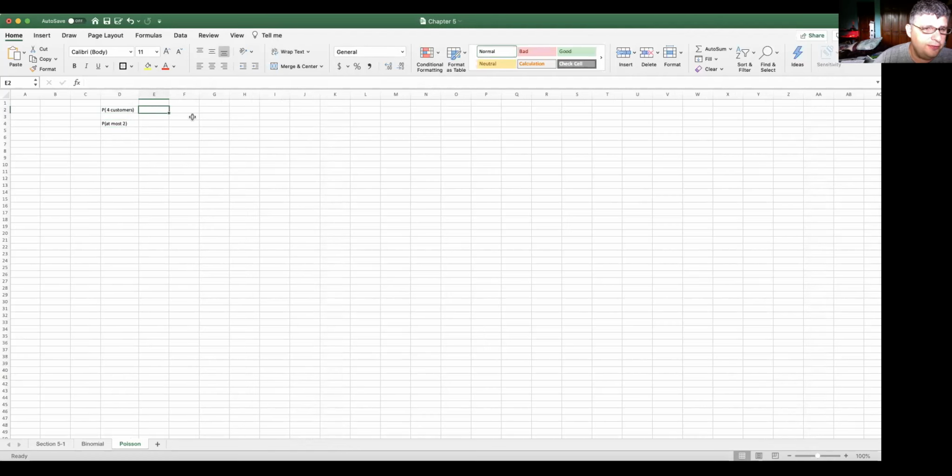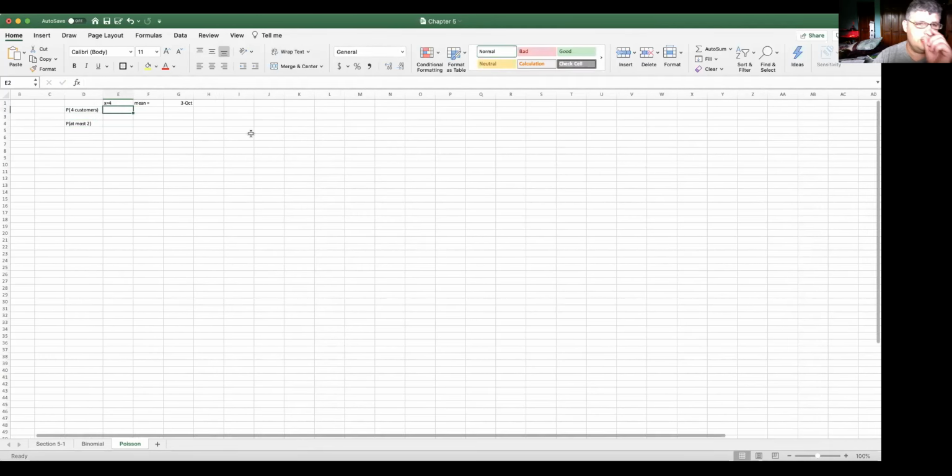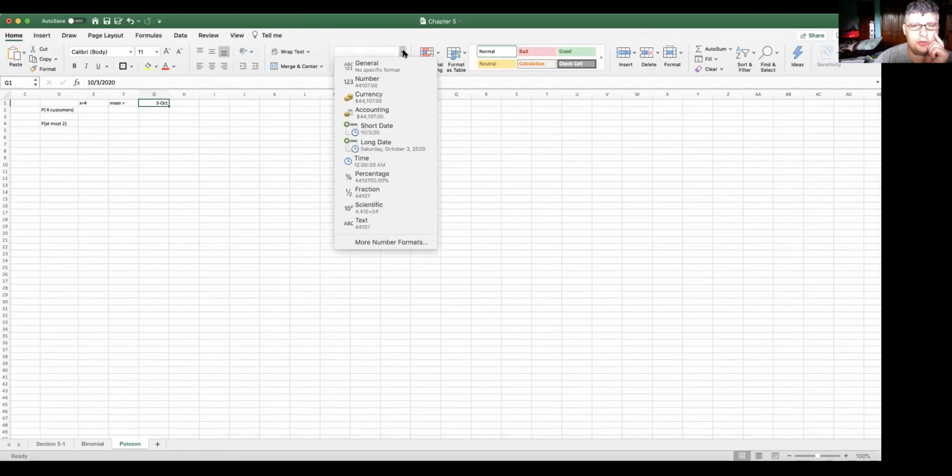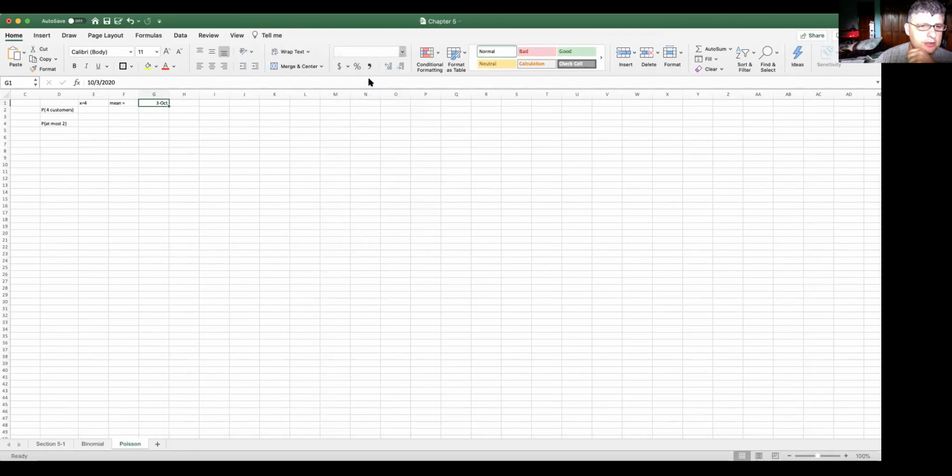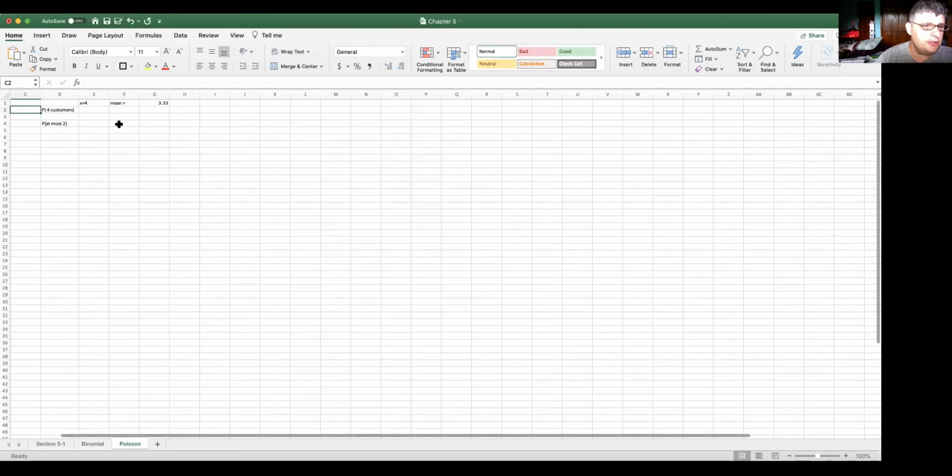So for the probability of 4 customers, remember, x was equal to 4. My mean was equal to 10 thirds. Now Excel wants to know what it's talking about, so it turns it into a date. I don't want it to do a date, so I'm going to put it as a number. Then I'm going to type it again as 10 thirds. There we go. So there's my mean, and there's my x.